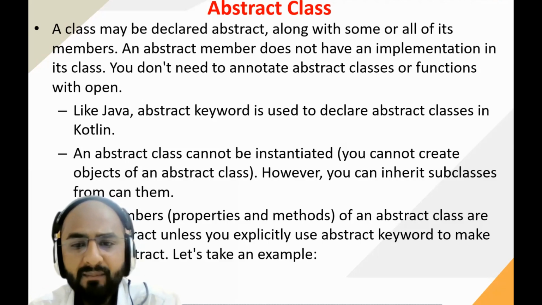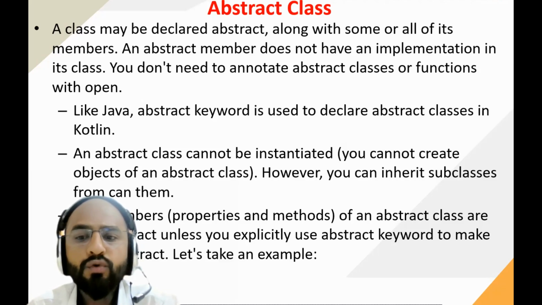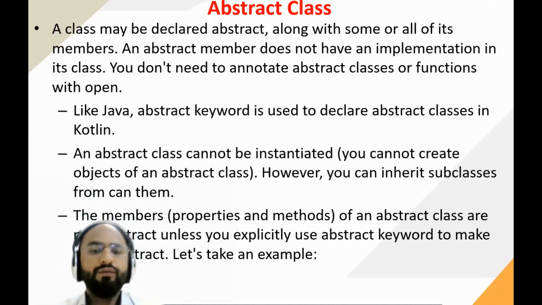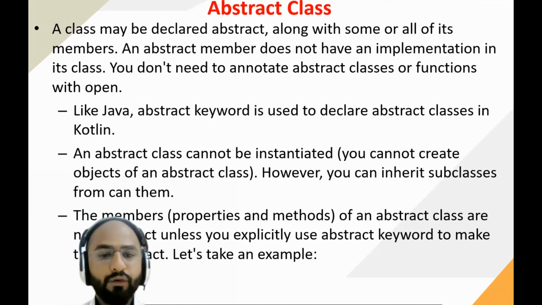The member properties and methods of an abstract class are non-abstract unless you explicitly use the abstract keyword. So if you create an abstract class and create properties in it, those properties will be non-abstract by default. But if you want to make them abstract, you need to write the abstract keyword before them.